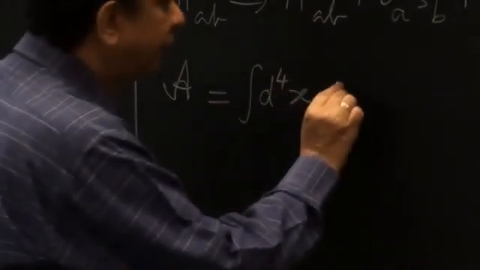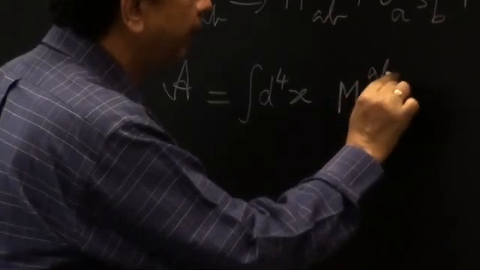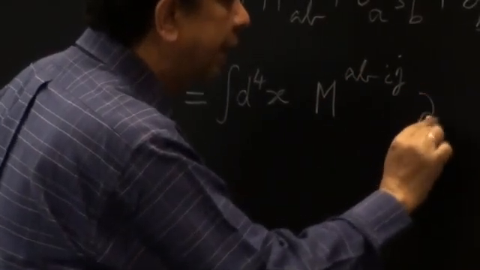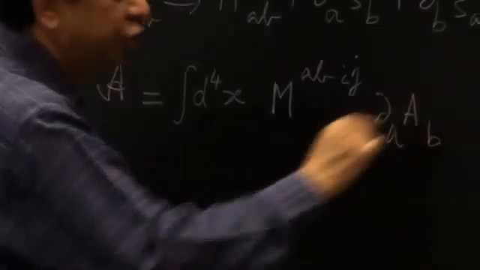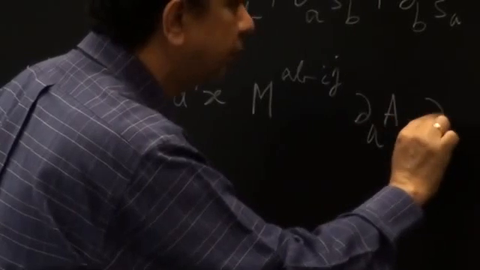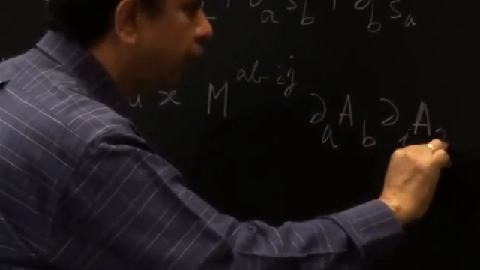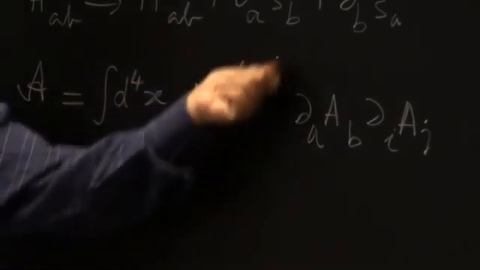So typically I have a structure like some M^{ABij} ∂_A A_B, now I switch to the standard vector potential notation, ∂_i A_j. This is the generic quadratic term I can write down for this vector field. The question is, what is M^{ABij} going to be?